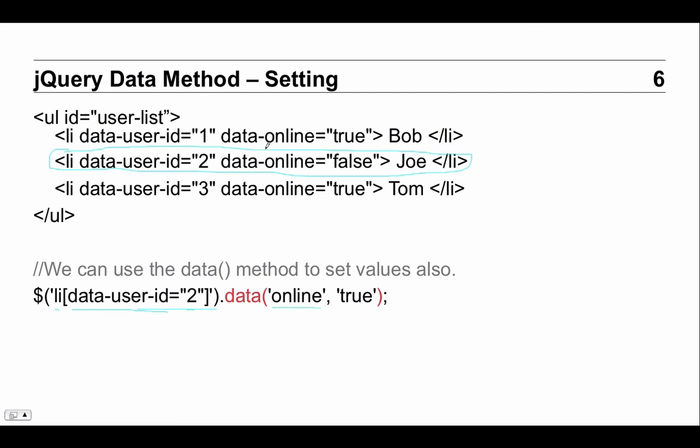So it's going to go ahead and find this one here. So previously we just had a single argument here, and now we've provided a second argument of true, and that's going to actually set the value of this data attribute. So here it's going to set this from false to true now.